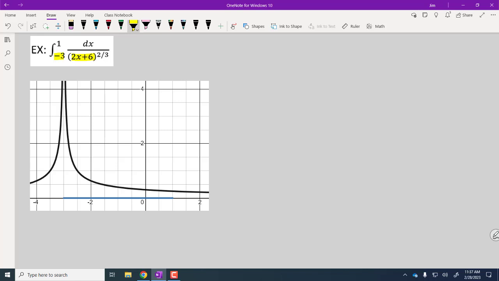Okay, so here, let's look at our interval. We're going to call this c. We're going to call that 1. So we're going to integrate from c to 1. So we're going to find this area. That's a definite integral. And we're going to find this area as a function of c.